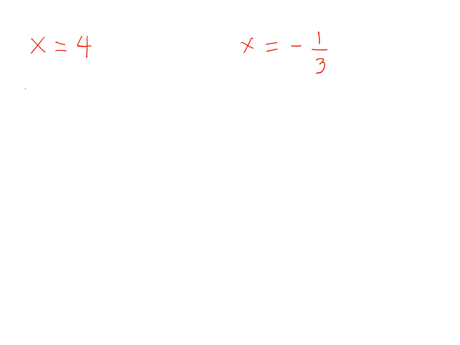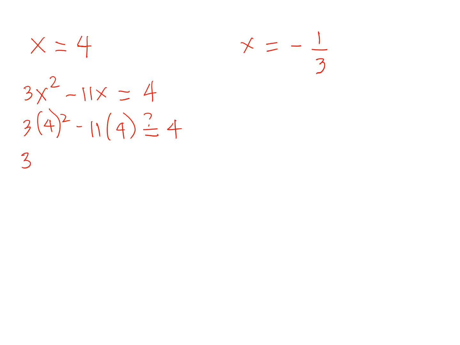The given equation is 3x squared minus 11x equals 4. So we will substitute 4 for x. 3 times 4 squared minus 11 times 4. Is it equal to 4? So 4 times 4, that is 16. Then negative 11 times 4, that is negative 44.